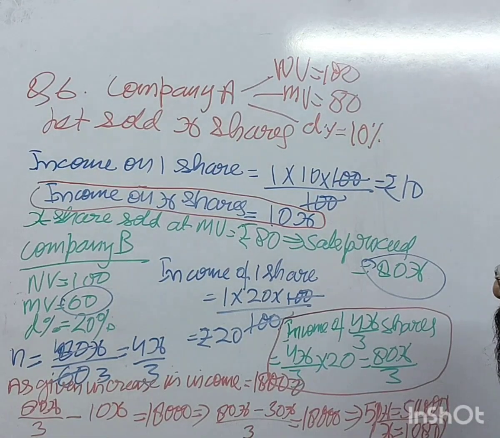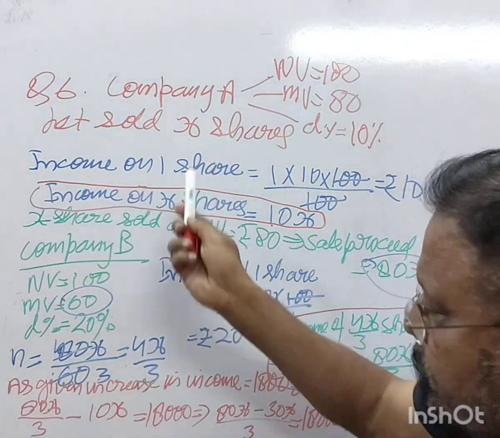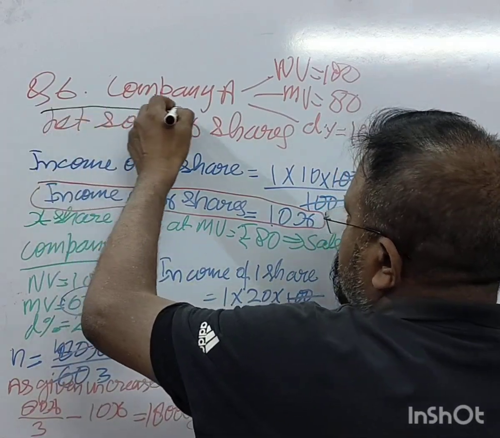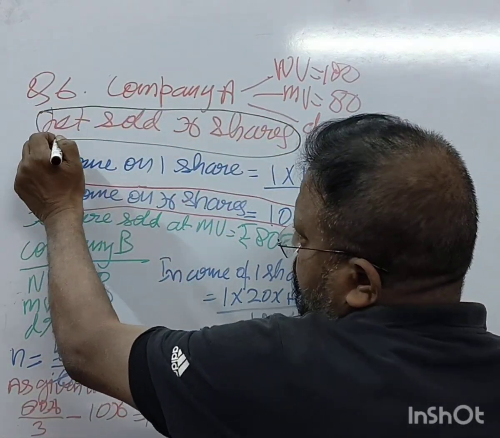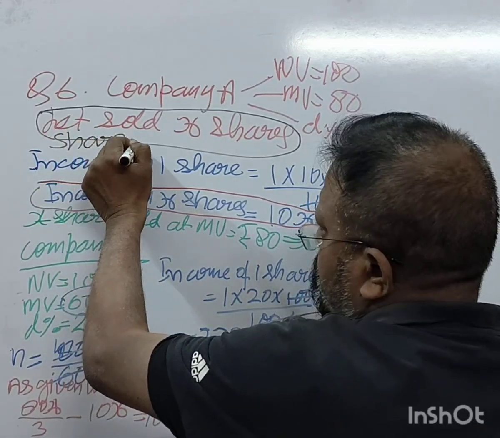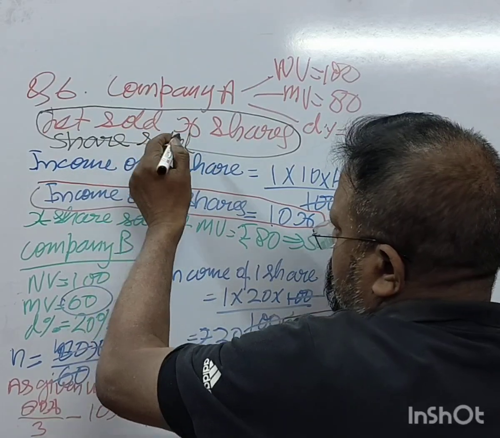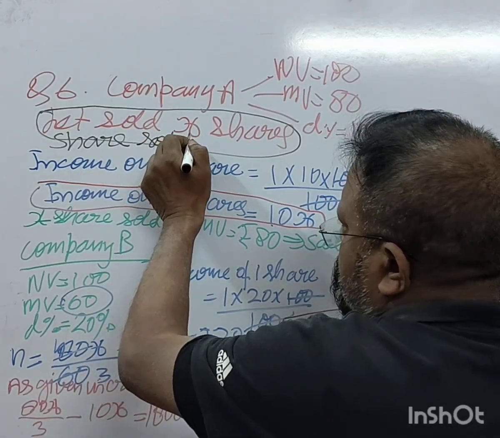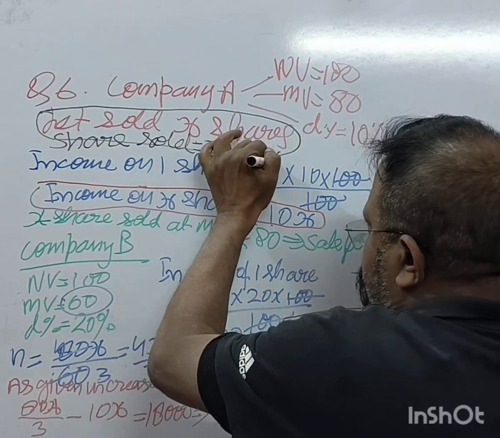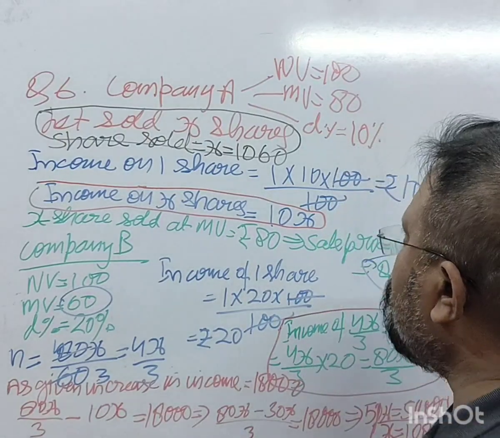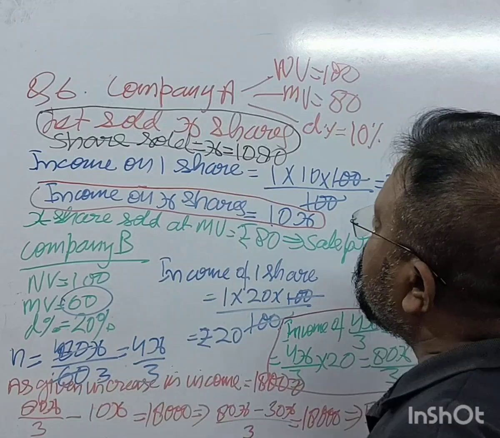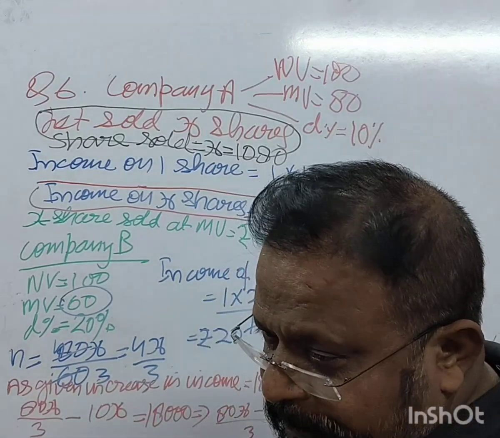So it means shares sold X is equal to 1080. ठीक है?